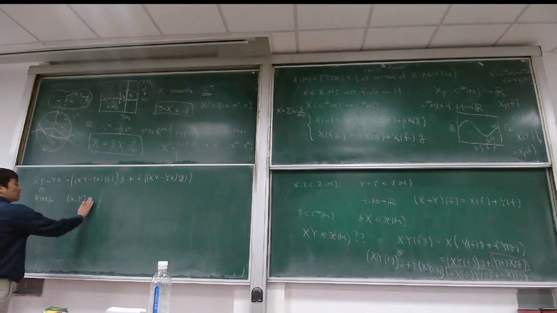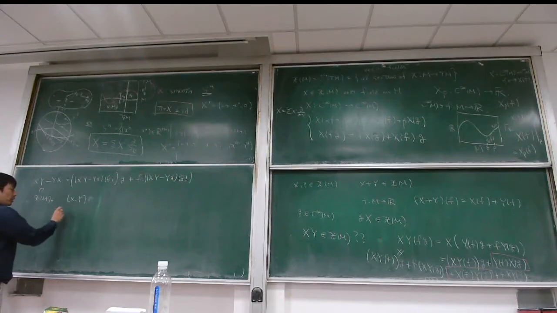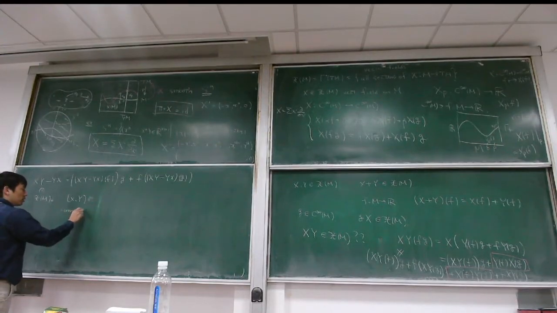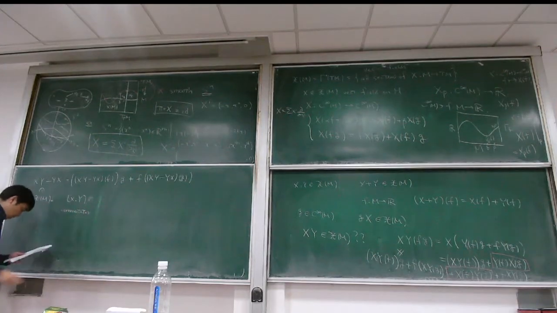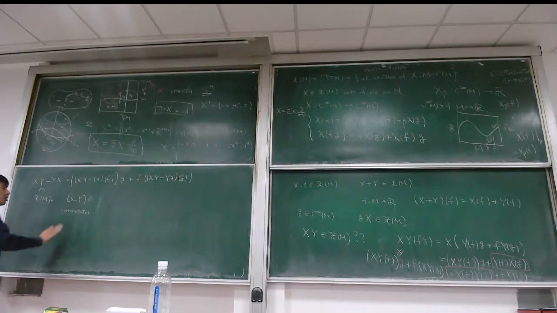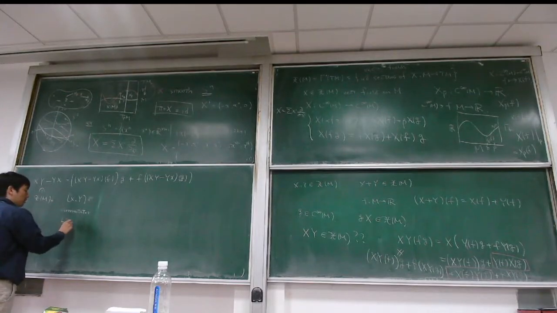So this is called the commutator, or Lie bracket.